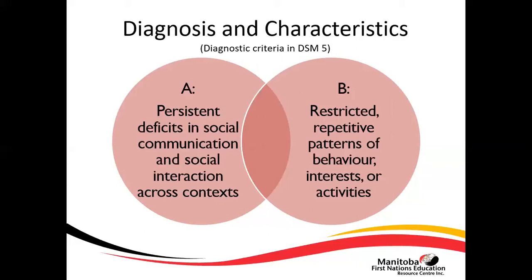So they may need to eat the same foods every day, or they may need to take the same route to school every day. They may also have overreactions to small changes in their schedules. And they may also have limited interests or perseverate on certain topics.